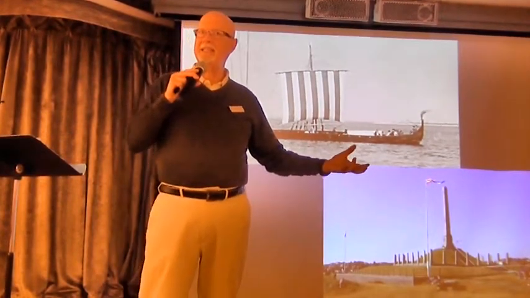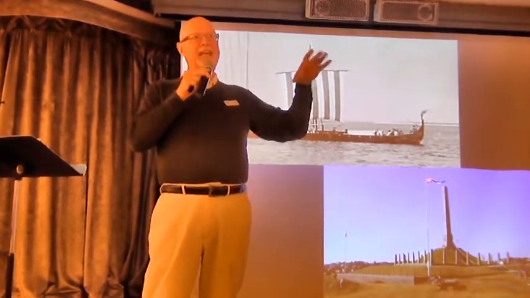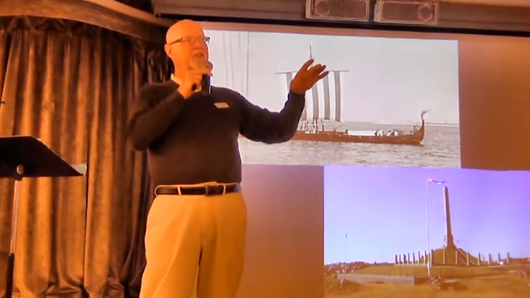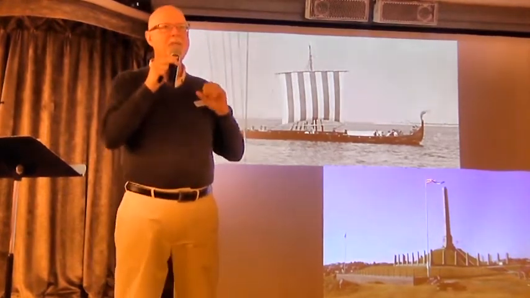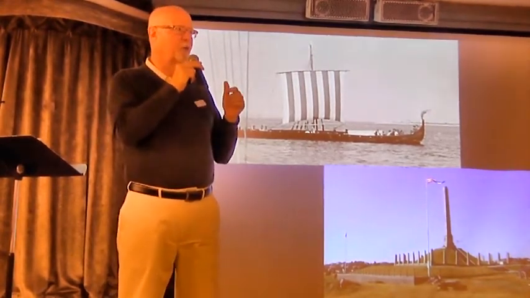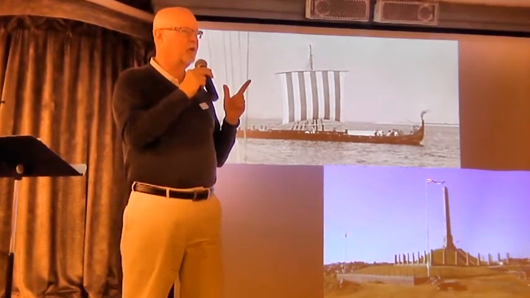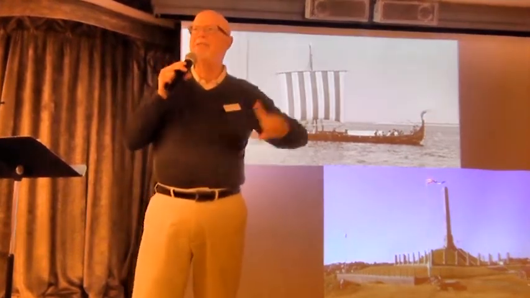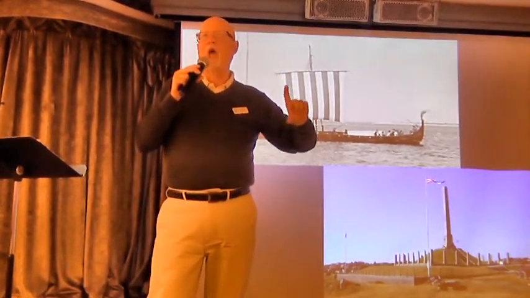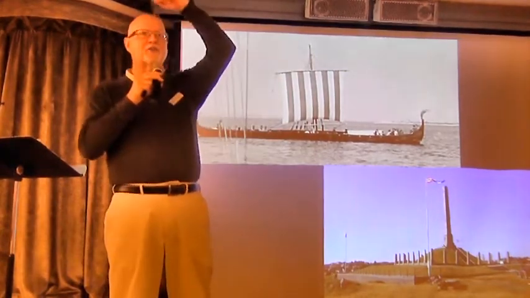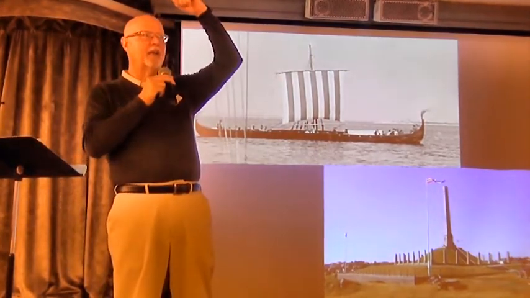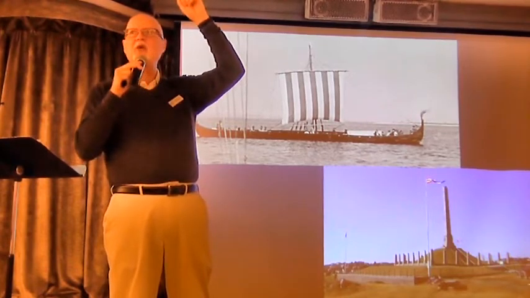You recognize that date? The King of England, Harald Godwinson, was waiting for William the Conqueror. He wasn't the Conqueror then, he was called William the Bastard from Normandy, waiting for him to land on the southern coast. When, lo and behold, Harald Hardrada, with his Nordic army, lands in the north of England.